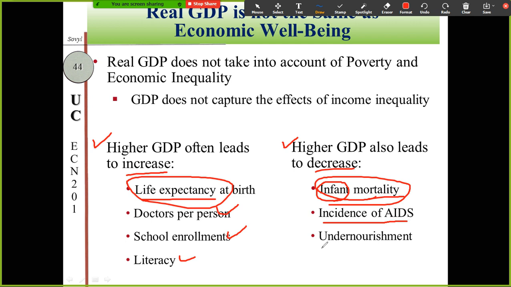They know that, and people living in a higher GDP country tend to have enough food and drink to satisfy their lives.